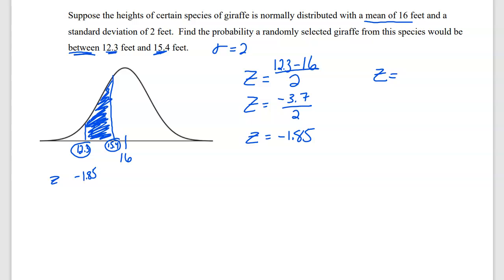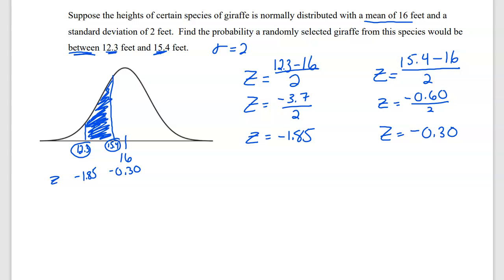Then I have to do the same thing for 15.4. 15.4 minus 16 divided by 2. 15.4 minus 16 would be a negative 0.60 divided by 2. Negative 0.60 divided by 2 would give me a negative 0.30. And it should be negative because it's also on the left-hand side.